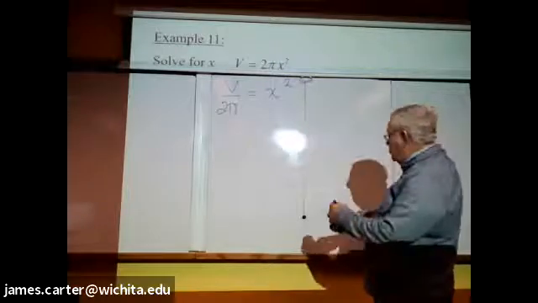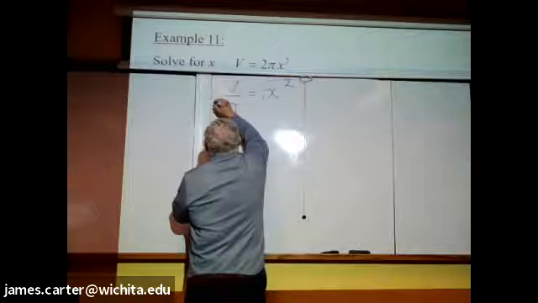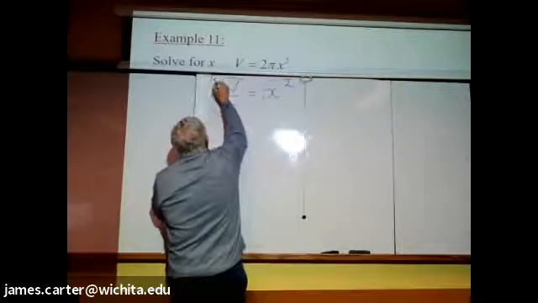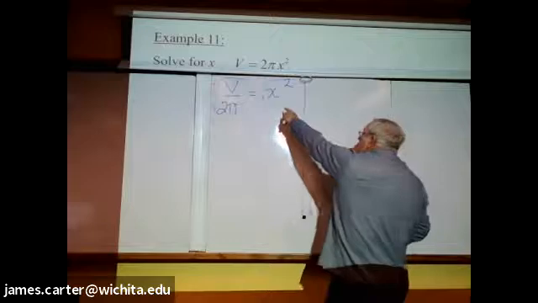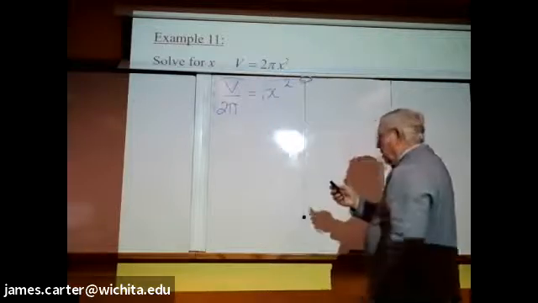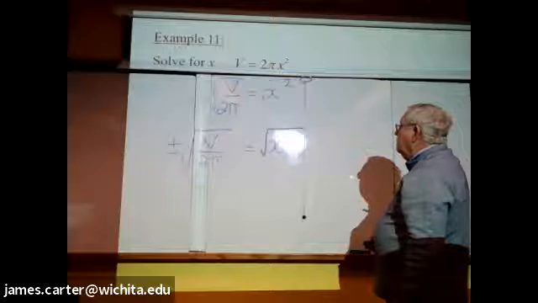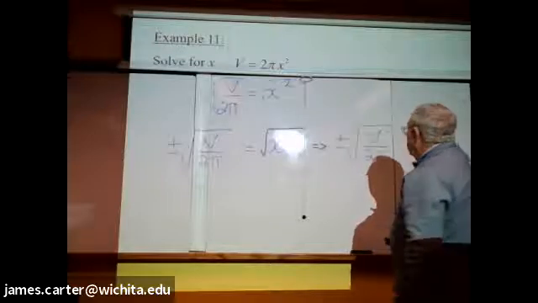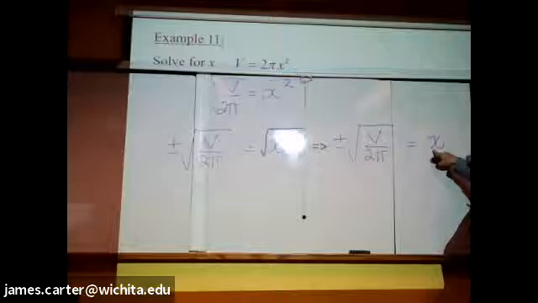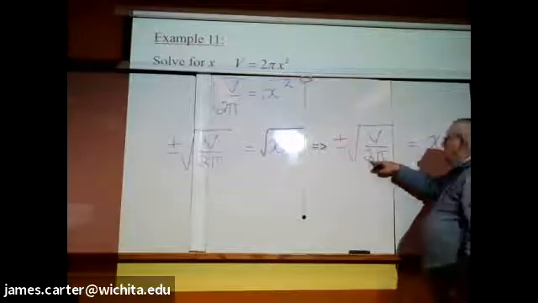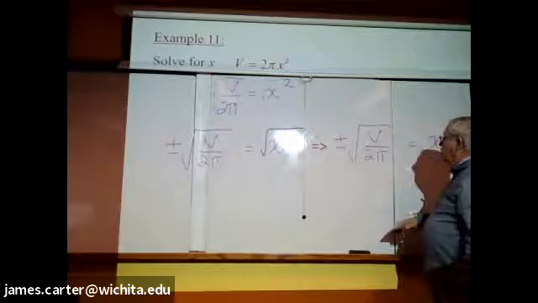Now I've got to take the square root of both of these. Plus or minus. Notice the plus or minus goes on the one I'm not trying to solve for. And I've shown it here again. So that gives me square root of x squared is x. Square root of v over 2 pi is plus or minus square root of v over 2 pi.